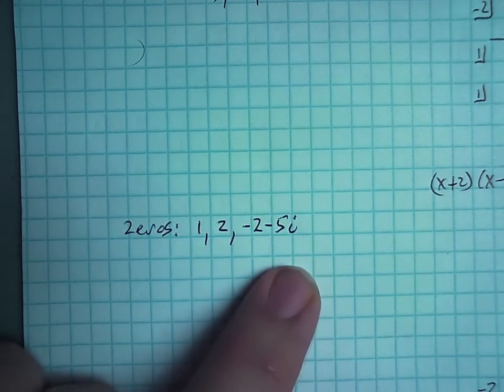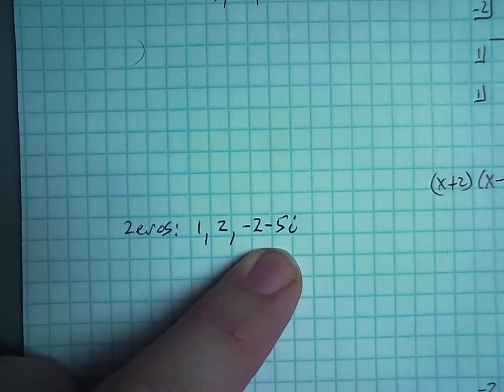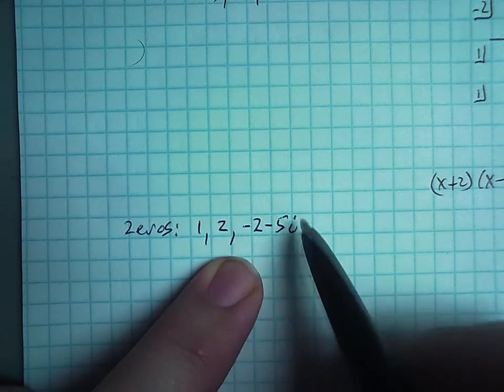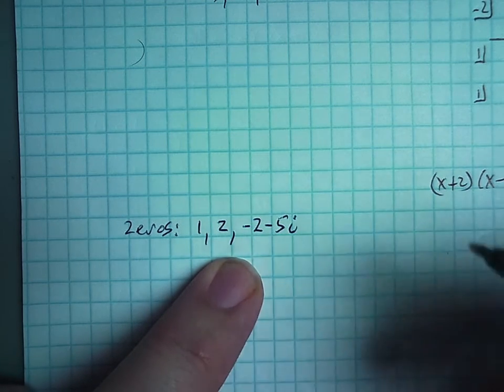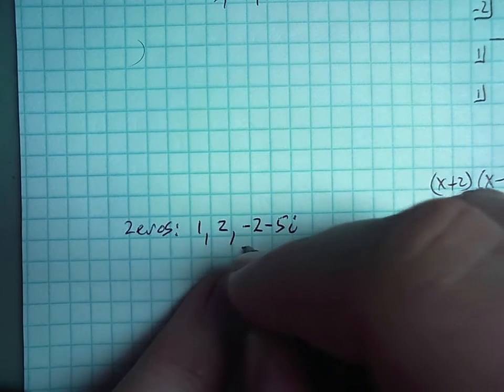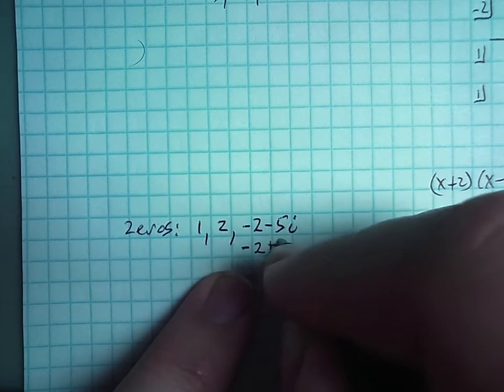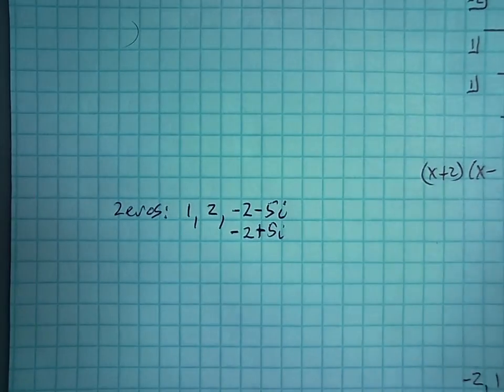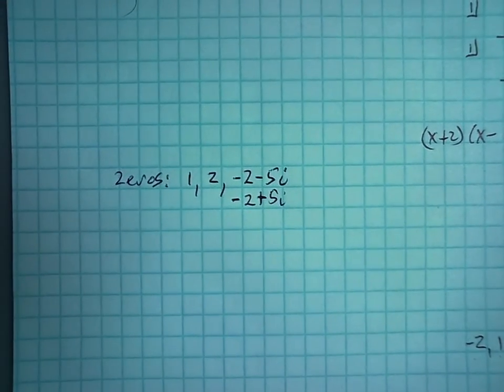Now, if I want my polynomial to have real coefficients, if -2 minus 5i is one of my zeros, its conjugate has to also be one of my zeros. So I have to add -2 plus 5i to my list, which means I'm going to have 4 zeros. I'm expecting to end up with a 4th degree polynomial.